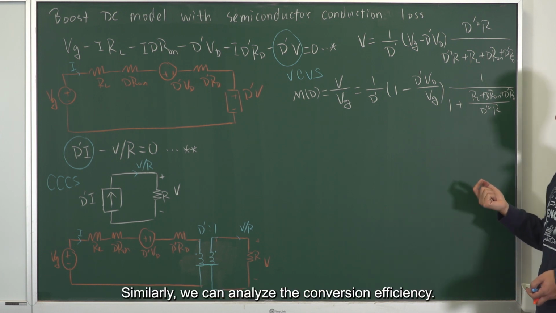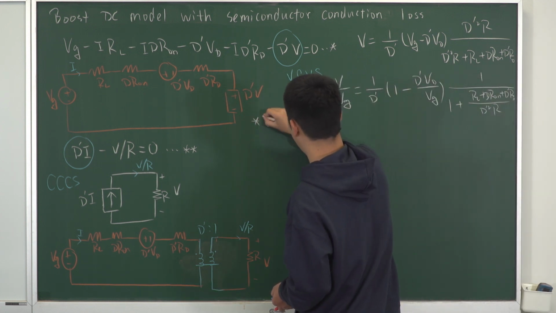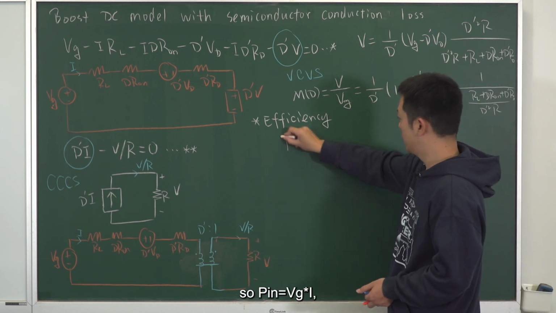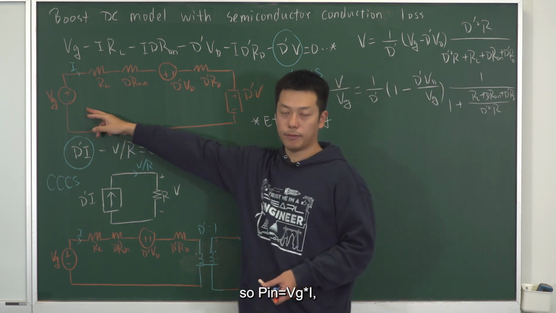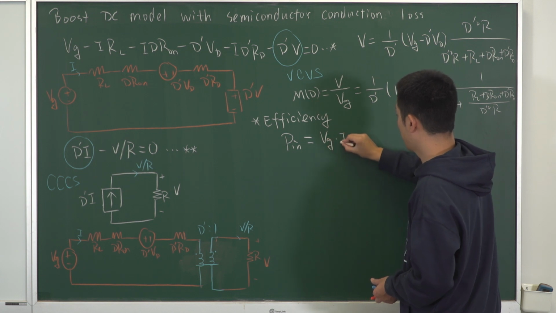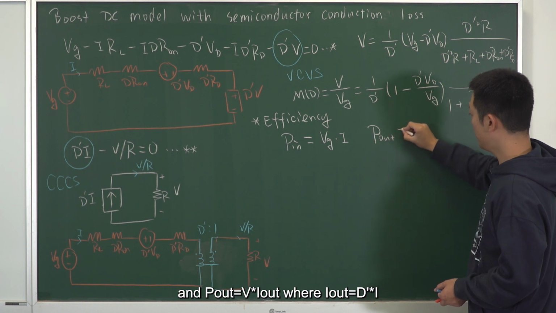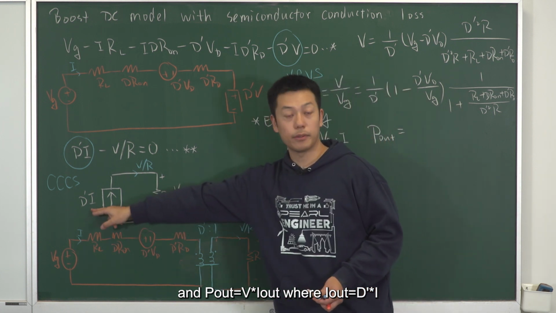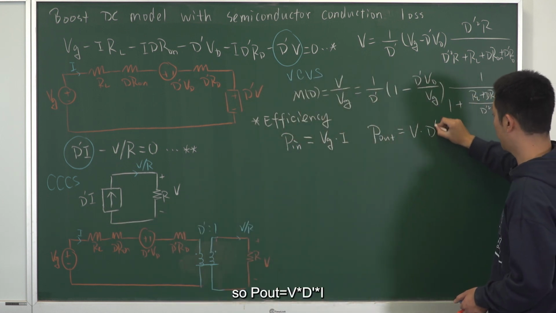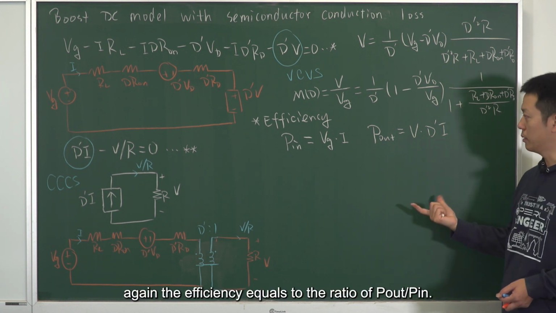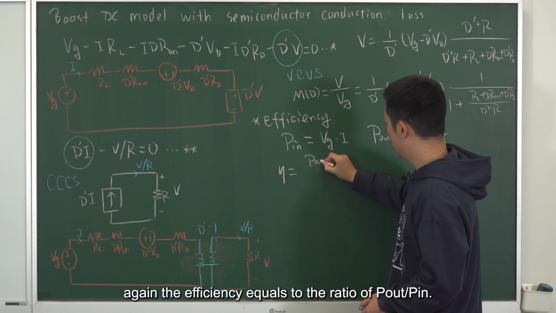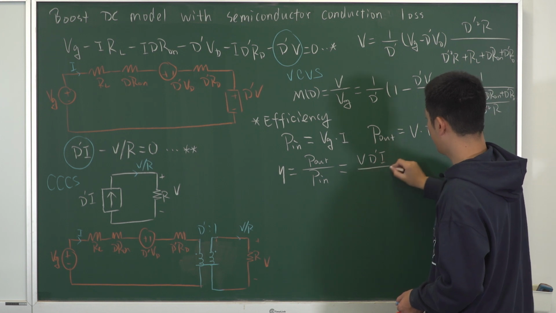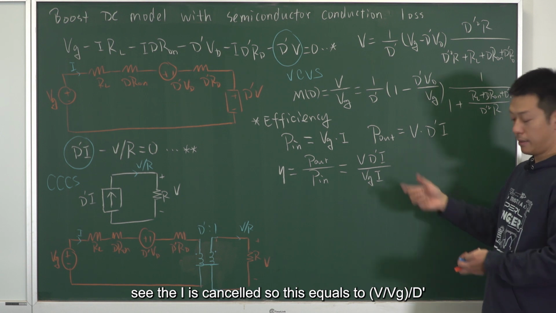And similarly, we can also analyze the conversion efficiency. The input port power equals to input port voltage times input port current. And the output port power equals to output port voltage times output port current, which is D prime I. So voltage times D prime I. The efficiency equals to the ratio of P out over P in. See, the I is cancelled.